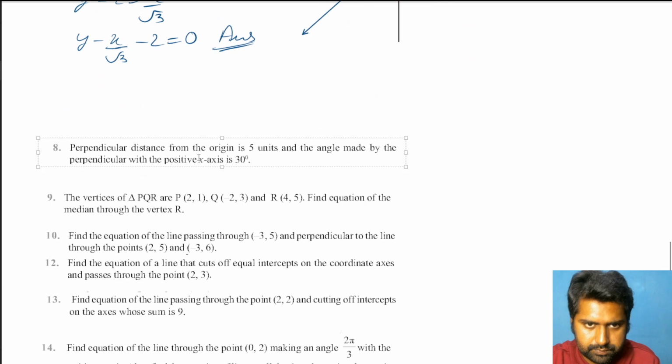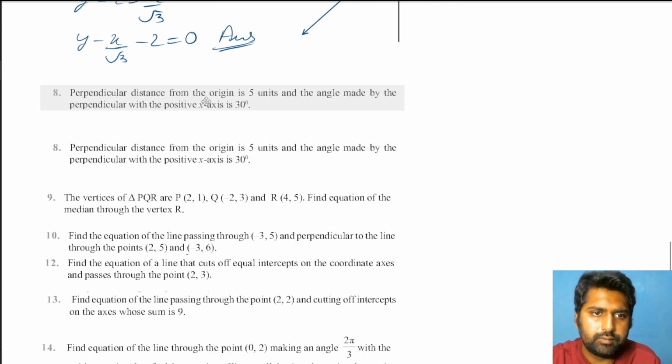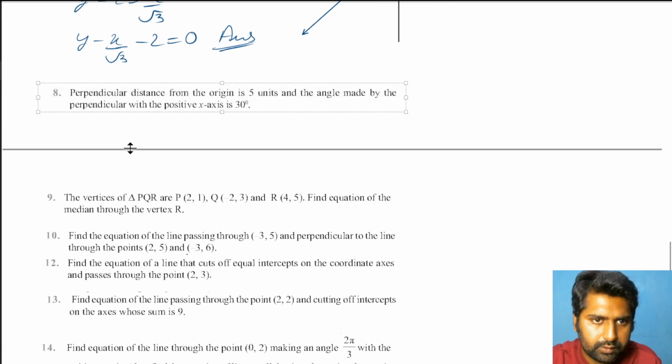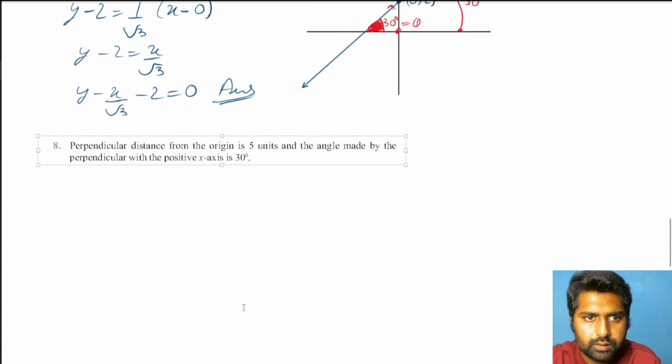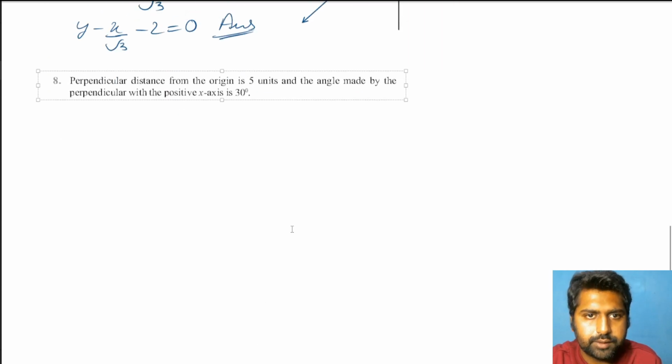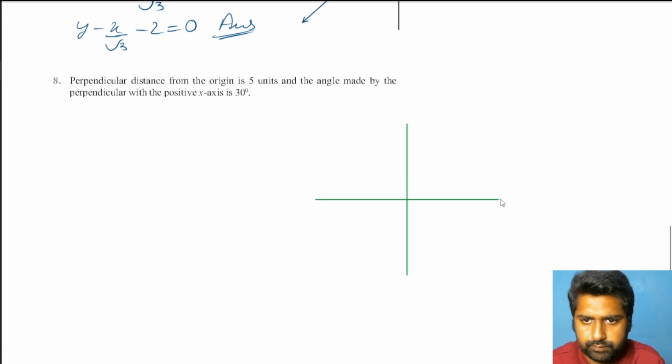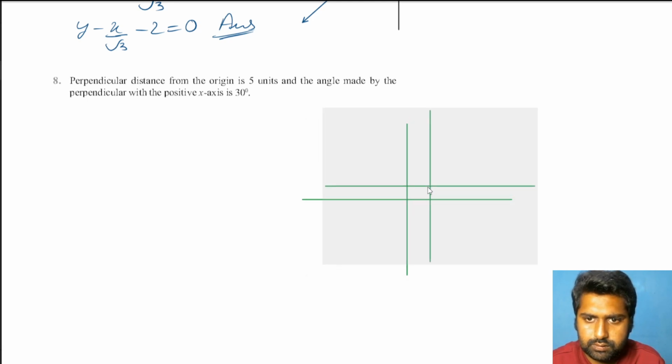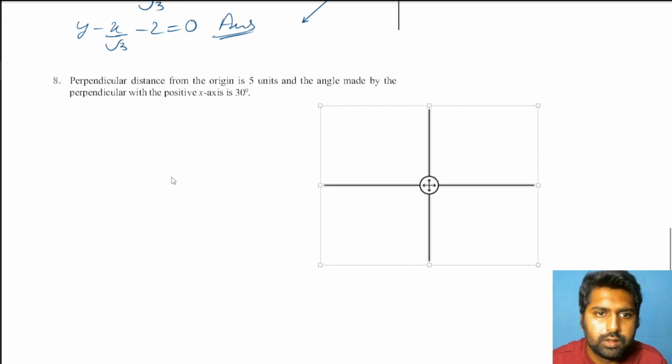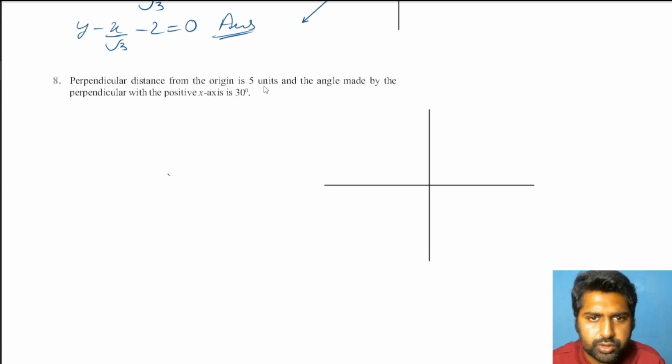8th question. All right, the question says that the perpendicular distance from origin is 5 units and the angle made by the perpendicular with the positive x-axis is 30 degree. So first of all, we'll have to draw a line.